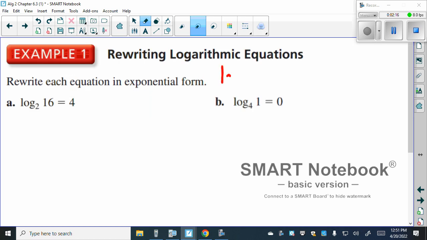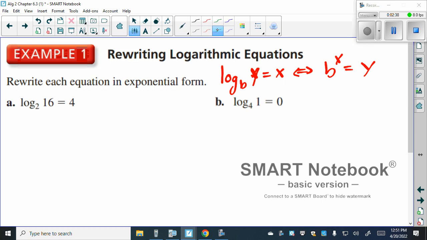Now, what we're doing first is taking these from logarithmic form and rewriting them in exponential form. If we look at the first one here, log base 2 of 16 equals 4. Well, 2 is taking the place of b, 16 is where y is, and 4 is where x is.